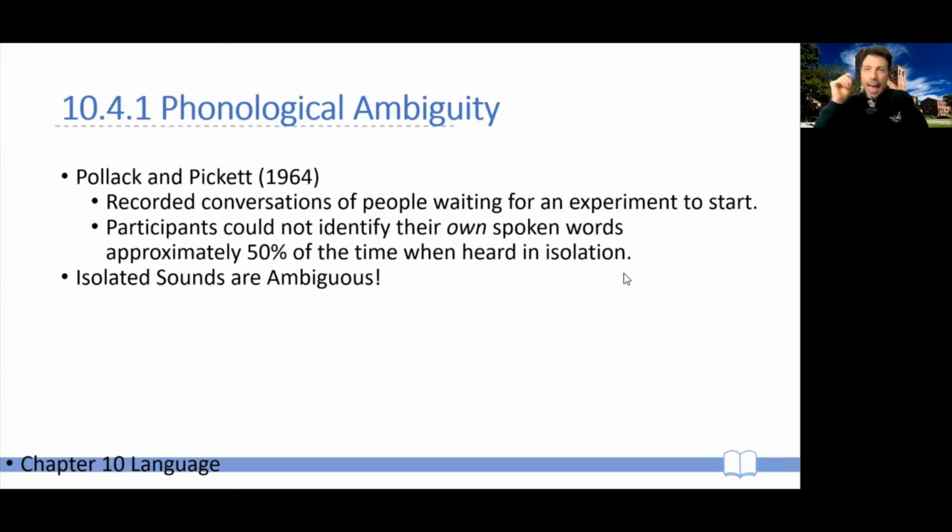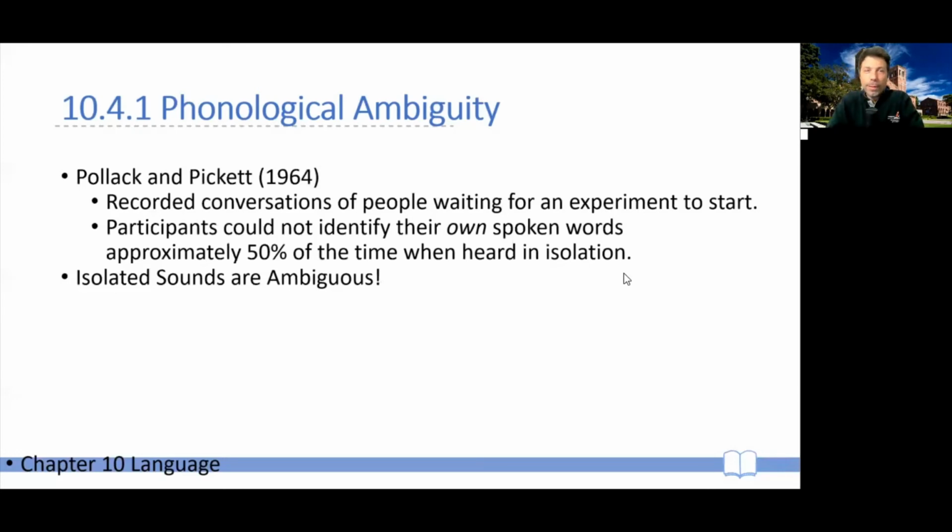And what they did is they had participants wait outside for their turn at the experiment, and they recorded them while they were waiting outside and chatting with another person outside. And then they took their own words and chopped them into the individual words.